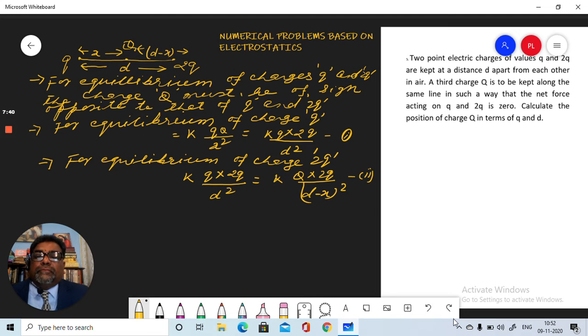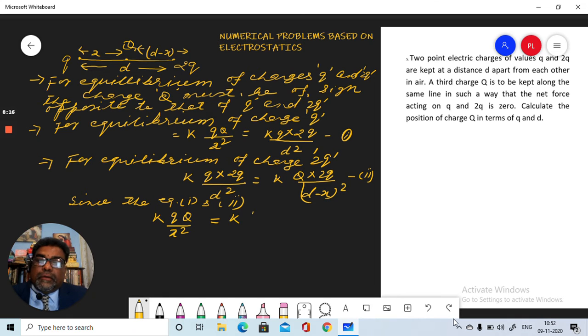Now from equation 1 and equation 2, we'll be writing k Qq by x square is equal to k Q into 2q upon d minus x whole square.